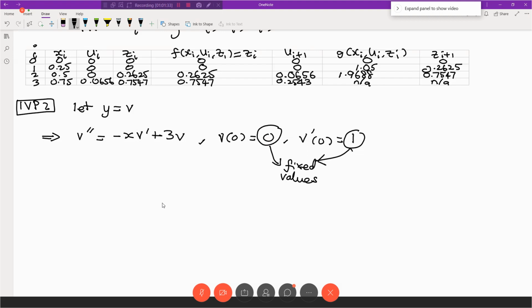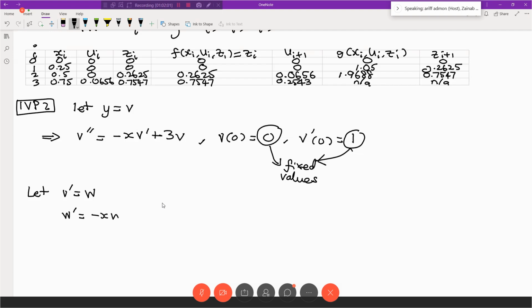Alright, so now we reduce once again to a first order system. So we let V prime, just now we used Z, maybe here W. So W prime is equal to V double prime, which is negative X V prime plus 3V.